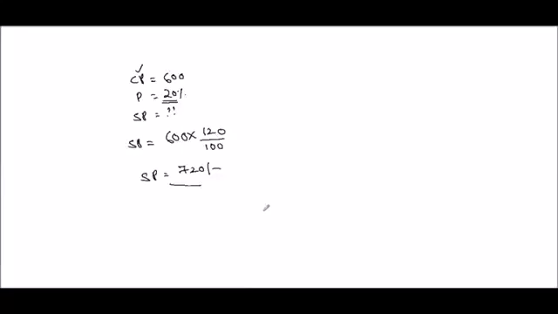All right. But what if they give it the other way? Previously I had taken the cost price as 600, right? Now, instead of the cost price, in this example the selling price is 600 and the profit is 20%.